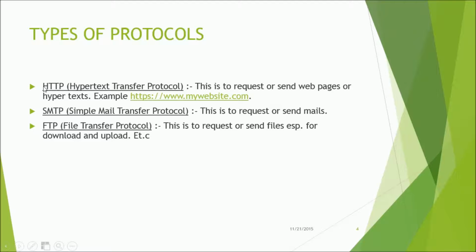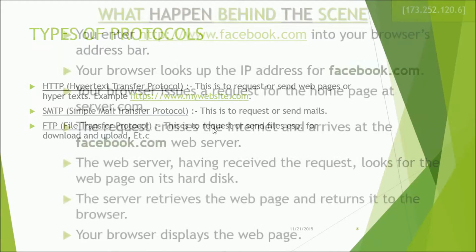Also SMTP, Simple Mail Transfer Protocol, to send or request mail. And FTP, File Transfer Protocol, to send or request files, especially for download and upload. As you work on the net, you will understand and get to practice some of these protocols.